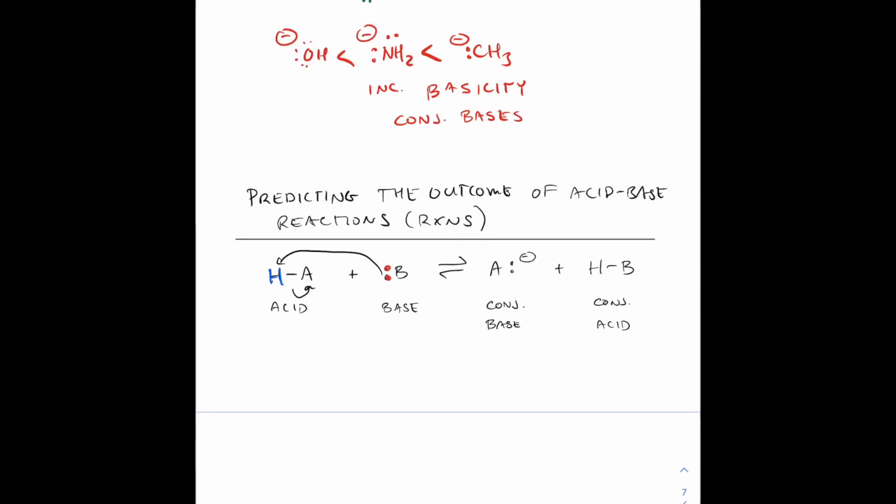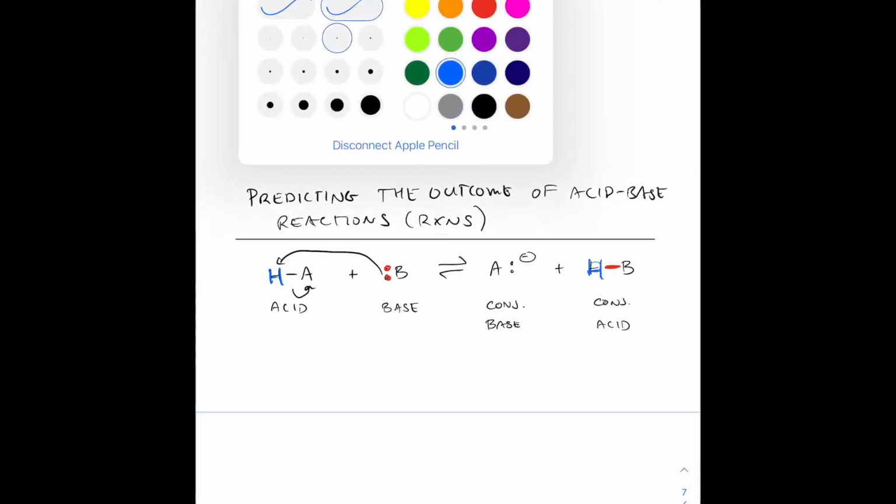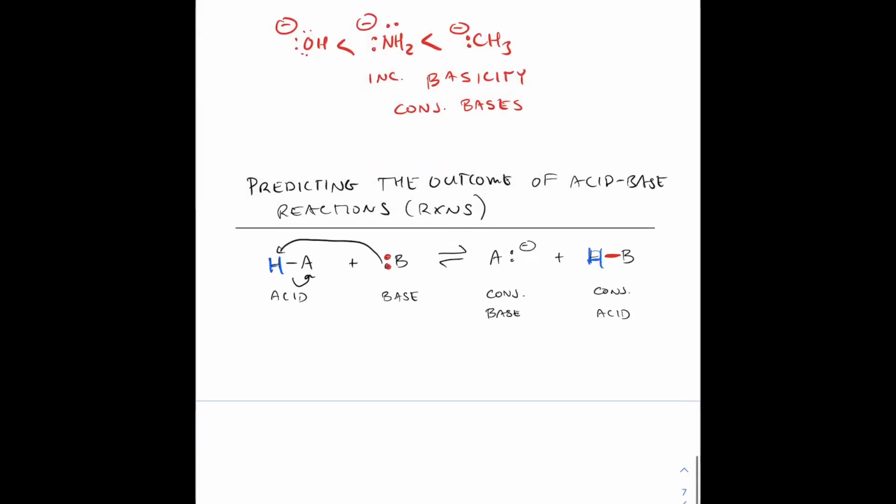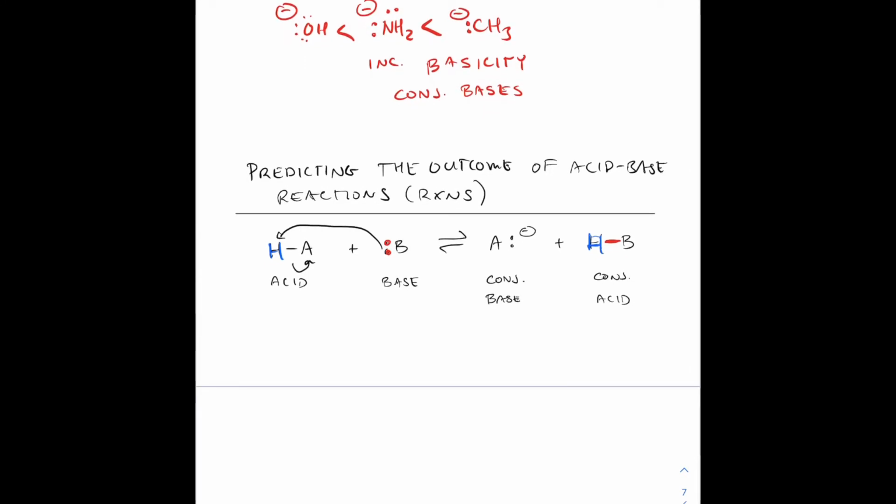Once the lone pair attacks the proton, remember the two electrons in that bond between H and A both go to A. That's what creates that lone pair on the products side with the negative charge. And then we get HB as our conjugate acid.